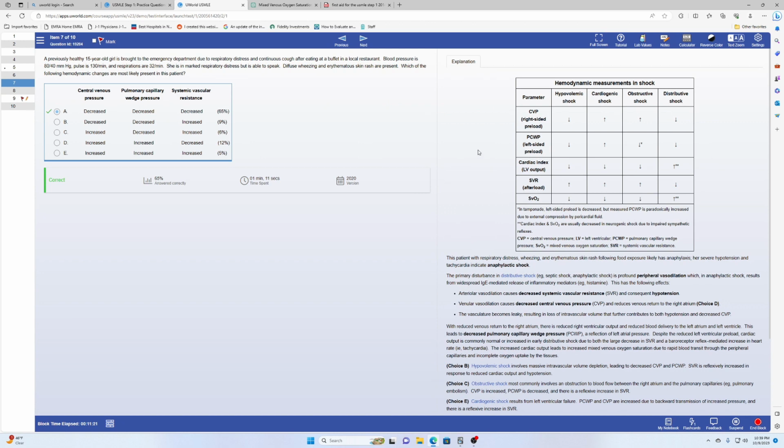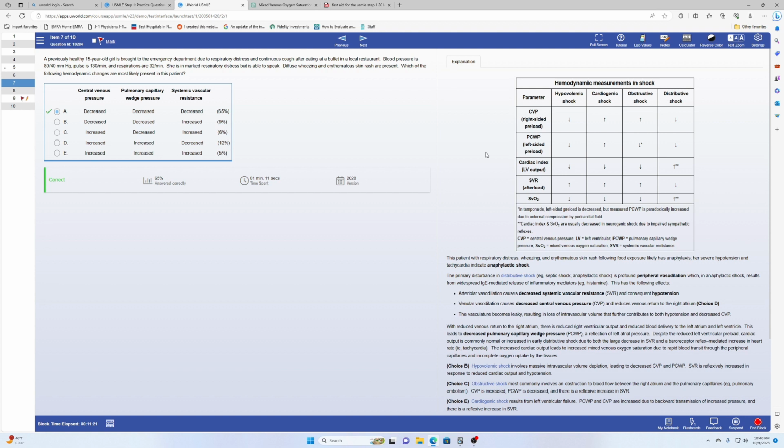Now it's time to create flashcards, right? You want to create flashcards that give you a light bulb moment, the aha moment. Again, I give you all the rules on when to create the Anki flashcards. In this situation, it would make sense to create a card for each type of shock, and then you need to be able to explain what happened and why that happened to each parameter.